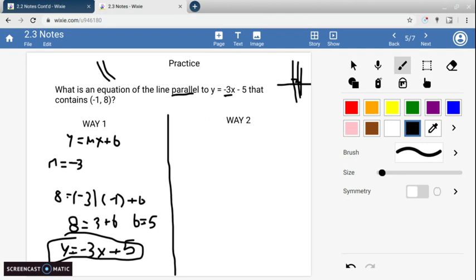So when we're doing this, you substitute in these two values only at the parts that have the subscript of 1. So the subscript x1 and y1. You leave the y and x that are by themselves. So we do y minus y1, which is 8, and then we do equals, and then m, we know that it has to be the same, so we do negative 3.